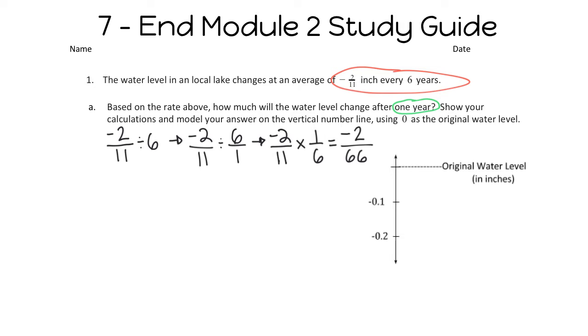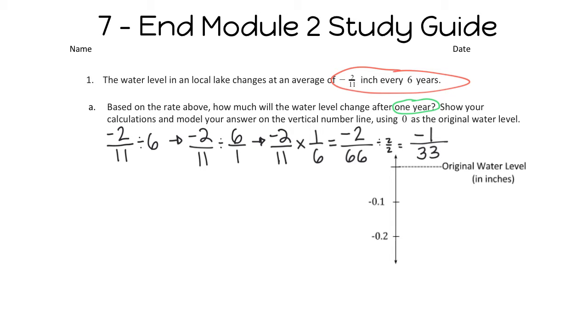Now, because our numerator and denominator are both even numbers, I know that I can simplify them by 2. So now I have -2 divided by 2, and because I have a negative divided by a positive, that's going to give me a negative value, and -2 divided by 2 is going to give me -1. 66 divided by 2 is going to give me 33.